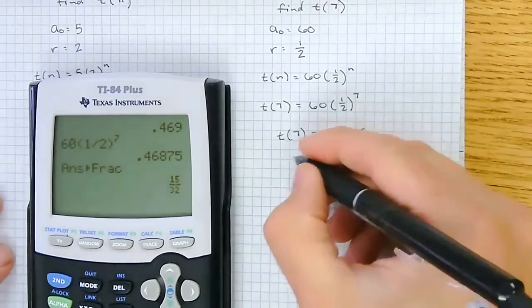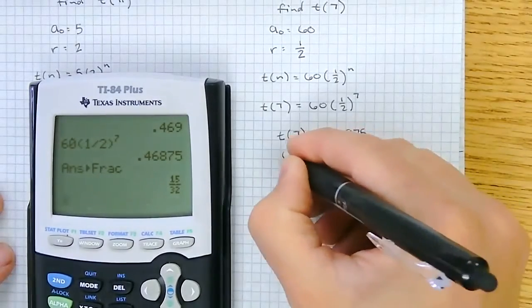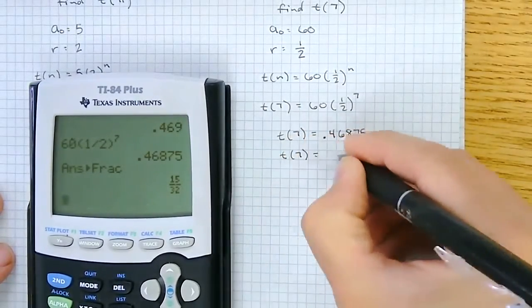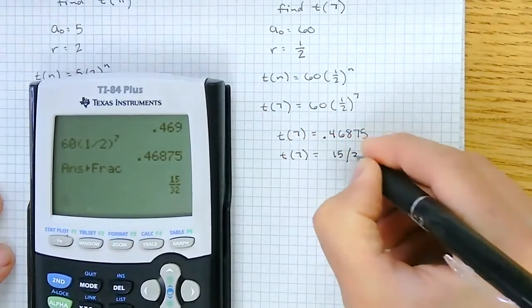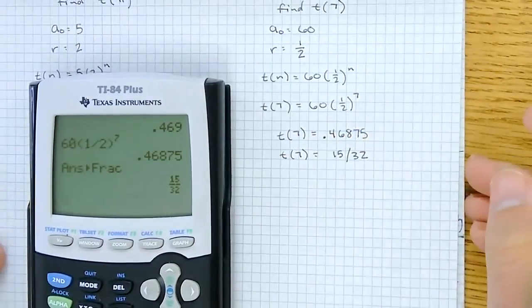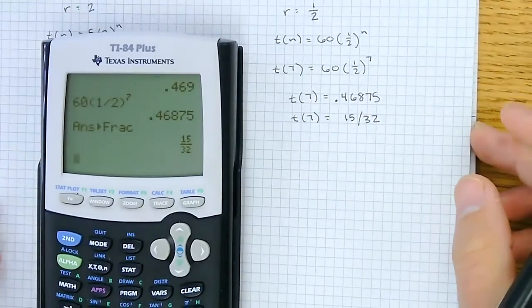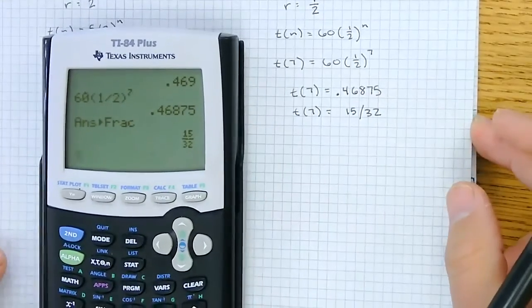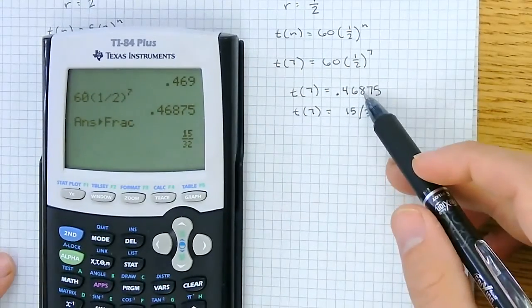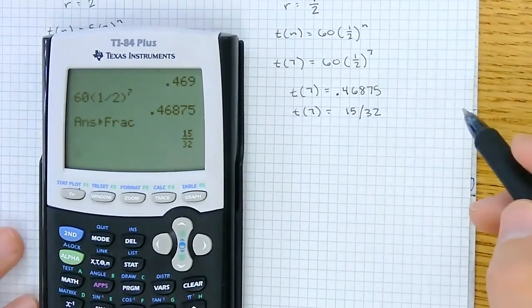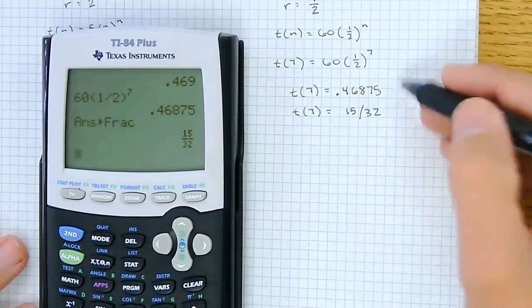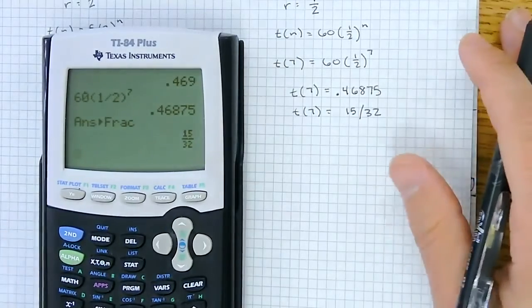So 15 over 32 is the same thing. Obviously I wouldn't expect you to be able to do that. I'm just showing you how that works on these calculators. Some of the smaller ones are able to do that as well, just converting it from a decimal into a fraction. Either one of those answers would be acceptable.